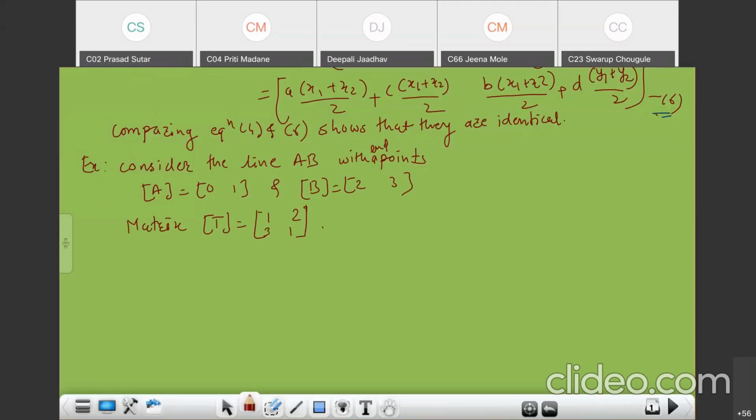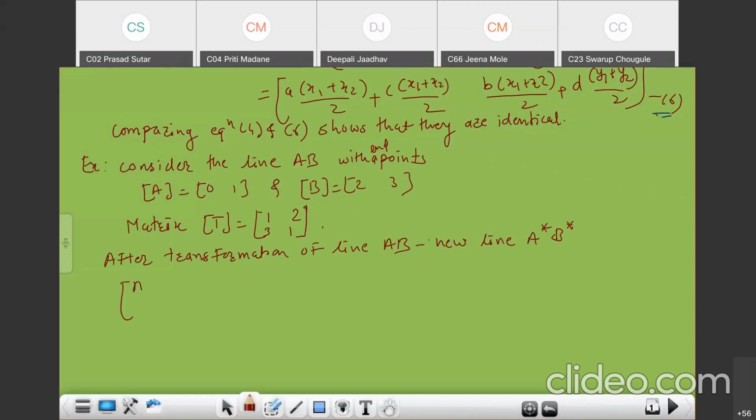Now we transform this straight line AB using this transformation matrix. After transformation of line AB, the new line endpoints are A star, B star, correct? So here we write these calculations.